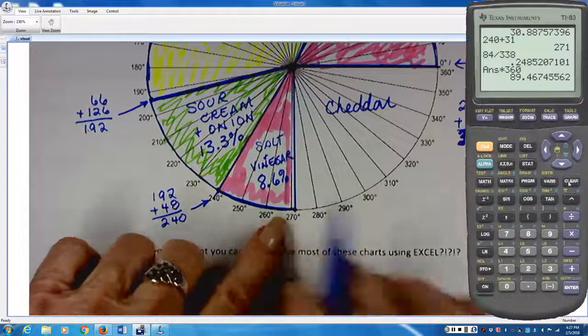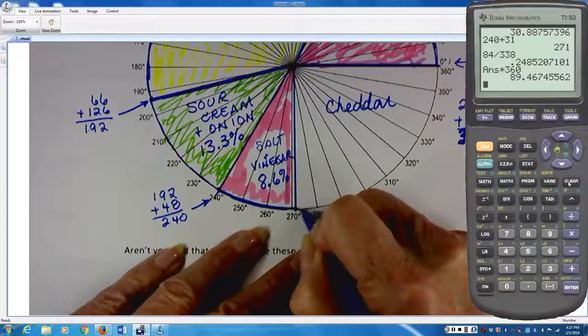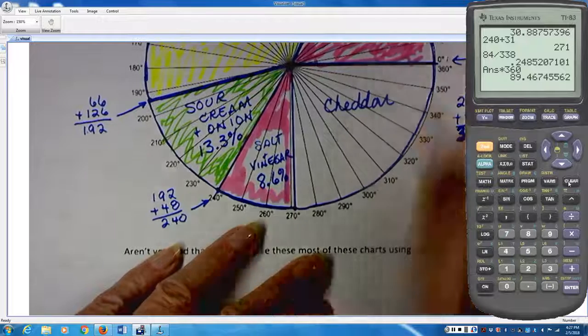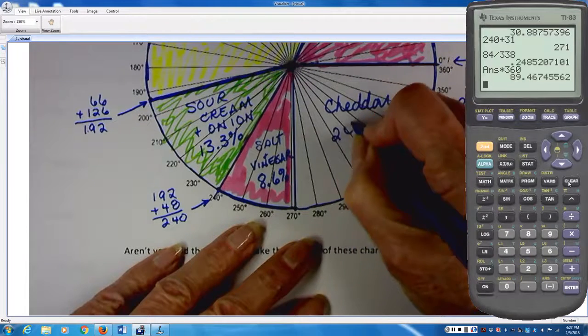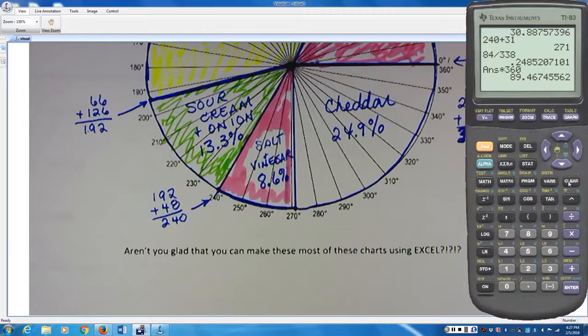So that tells me my cheddar is what it's supposed to be. That's just a check. So at this point, I know that that whole segment, which represents 24.9% of all the sales, was the cheddar chips.